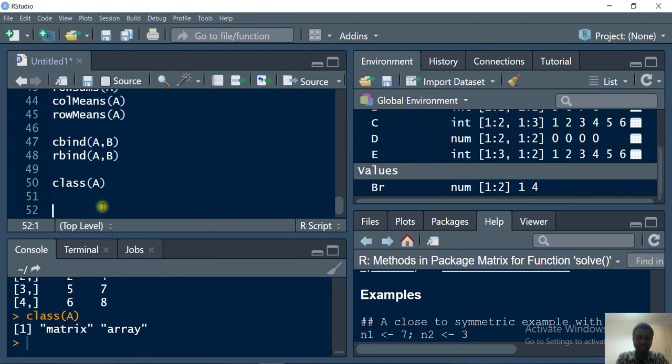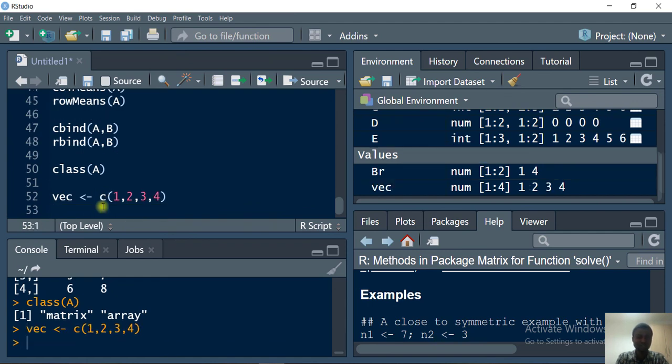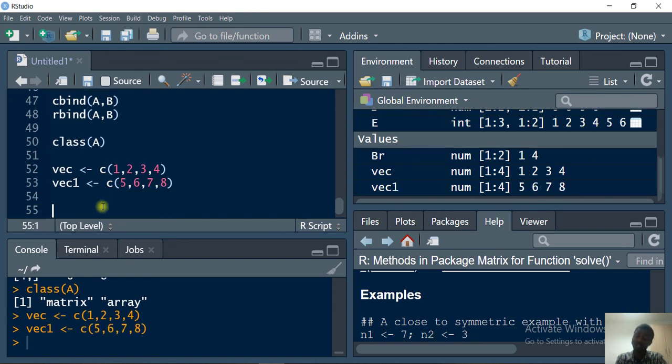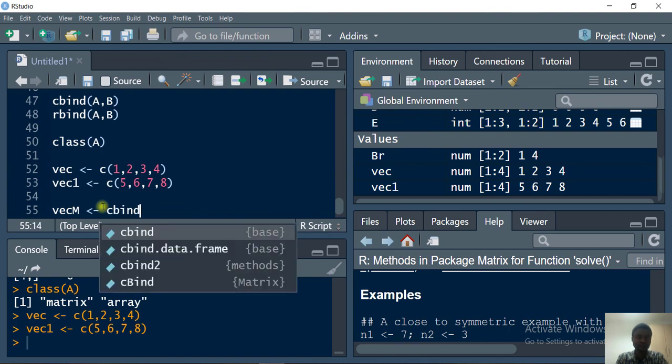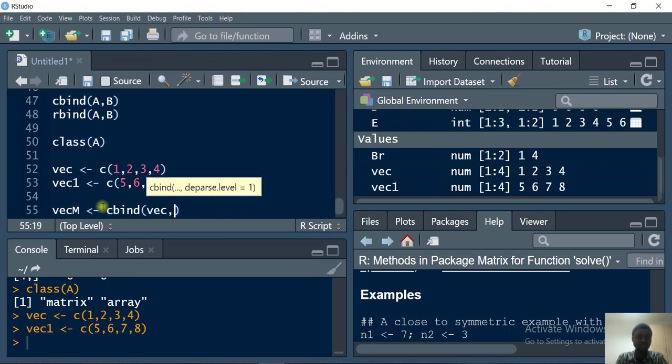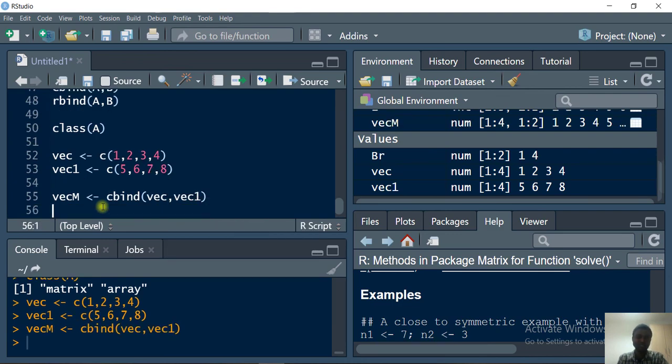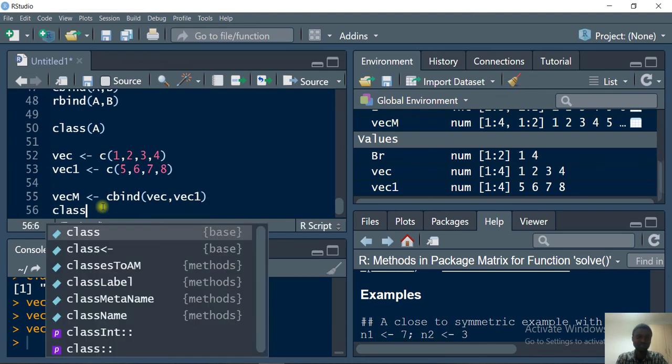So if I say vec, and I say 1, 2, 3, and 4, and I run this, and I say vec1 again, and I say 5, 6, 7, and 8, and I run this. So using this cbind, I can combine them together to form a matrix. So I can say vecm, vec matrix, and then I can say cbind, vec, and vec1. So if you check the class of vecm, it tells you it's also a matrix.